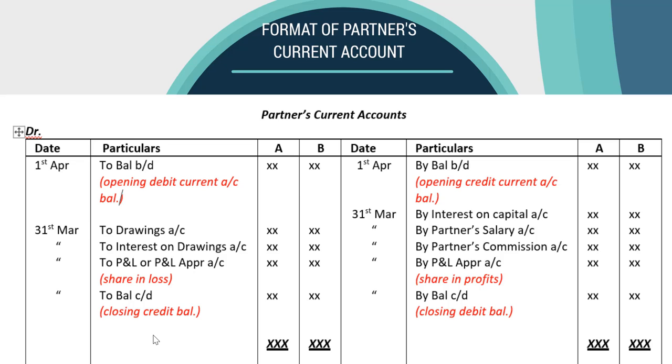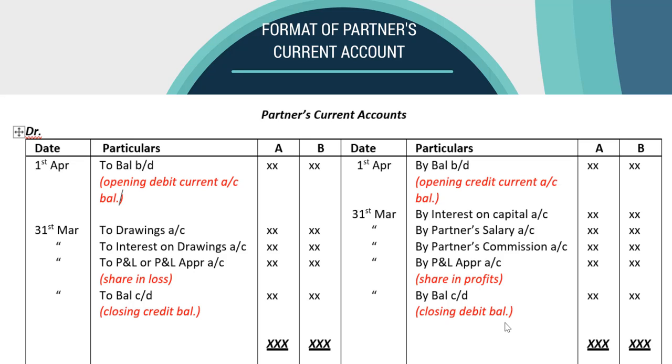Now, the feature which we were discussing is that the partner's current account can have a debit balance or a credit balance. The reason is this drawings, which is drawings out of profit. A partner can withdraw more than his or her share of profit, and where the partner withdraws more than his or her share of profit, such amount which is debited to the partner's current account will be greater than the total of the credit side, and therefore leading to a closing debit balance.